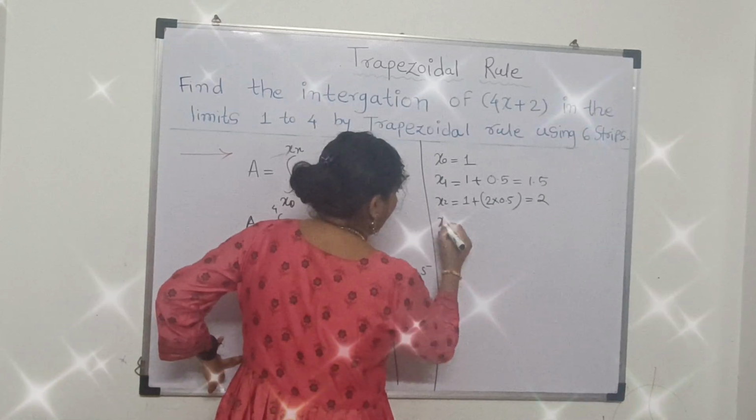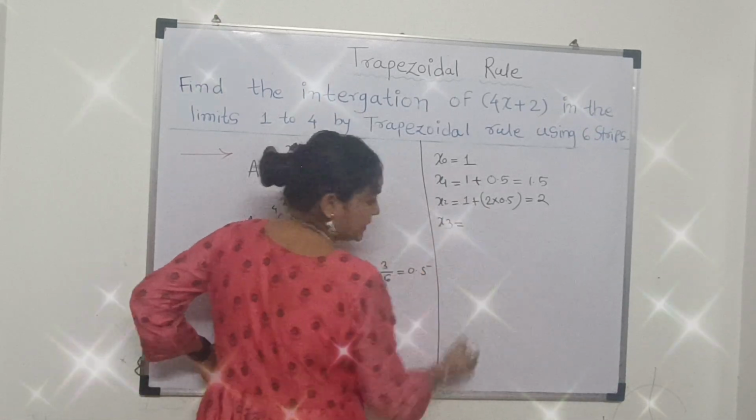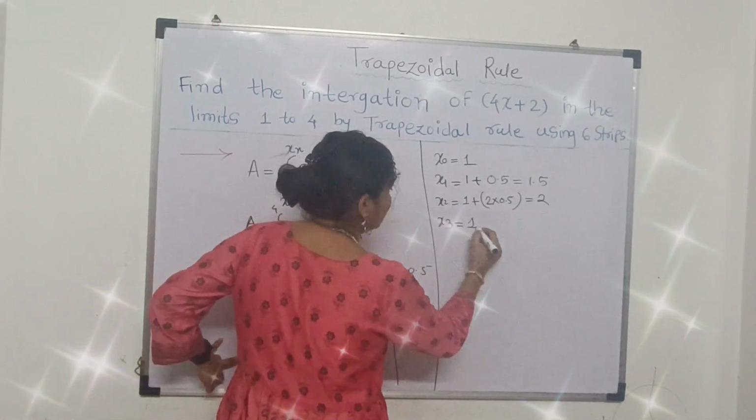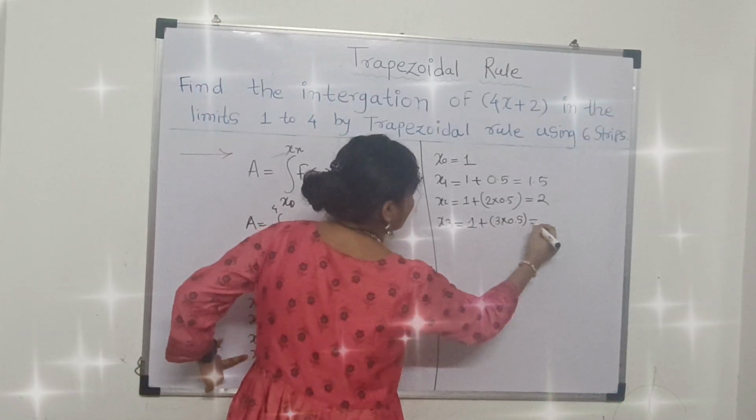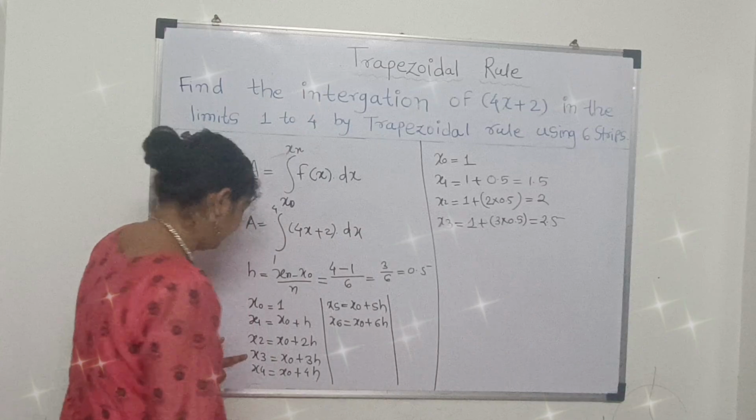Now calculate x3, that is again x0, meaning 1, plus 3 multiplied by 0.5. So it becomes 2.5.